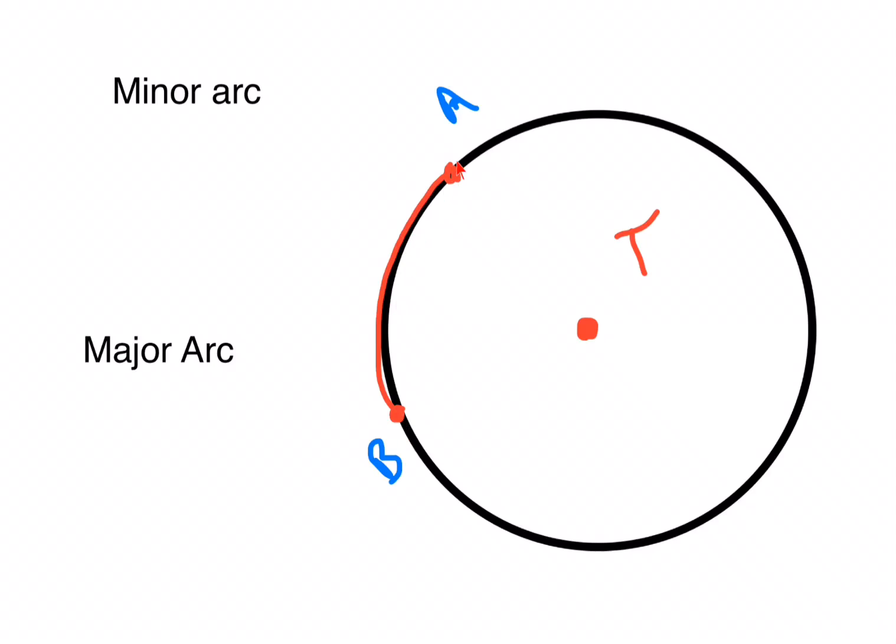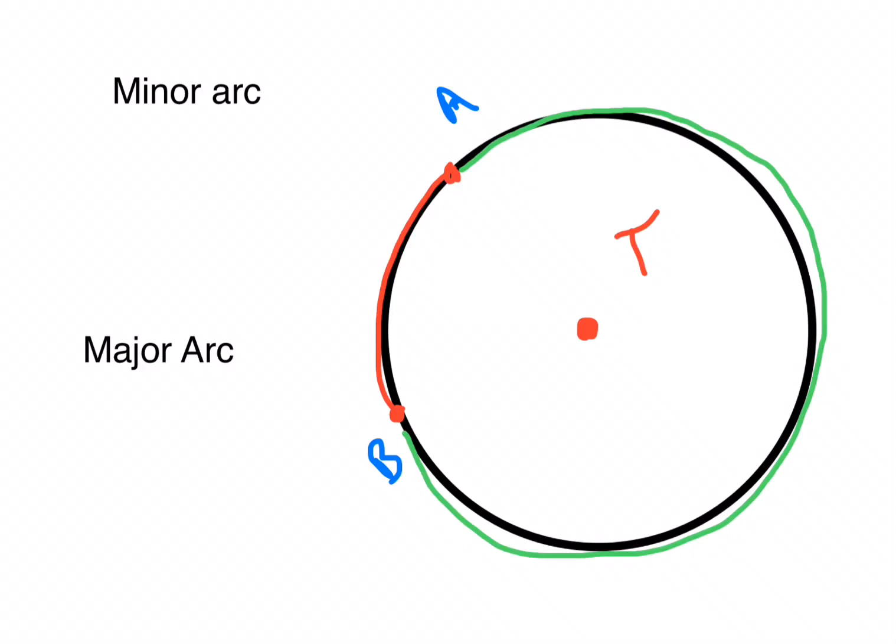This right here is the minor arc, A through B. A to B is the minor arc. However, there is another way to get from A to B, and that is going this way around. This right here would be your major arc.